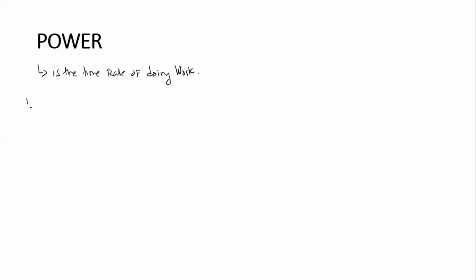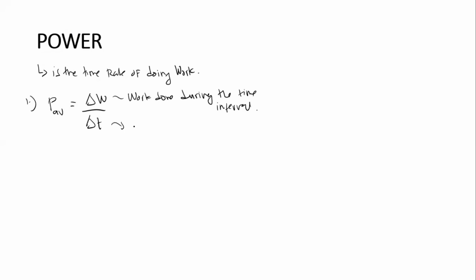So we have one, the average power, which is equal to this one over the time interval, where this one is the work done during the time interval. We call this the average power.